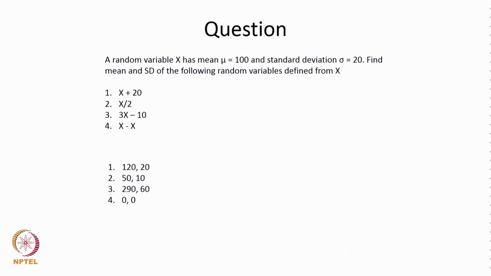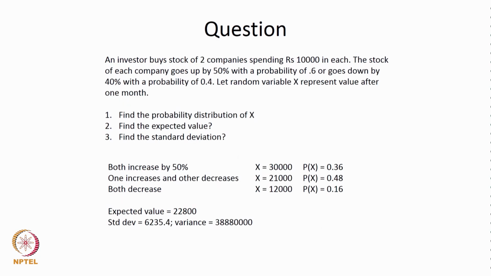X by 2, the expected value also becomes half, which is 50, standard deviation becomes half, which is 10. 3x minus 10, expected value will be 3 times 100, 300 minus 10, 290. The minus 10 does not have an effect on the standard deviation, therefore, it will be only multiplied by 3, which is 60. X minus x, so mean is 0 and standard deviation also will be 0.